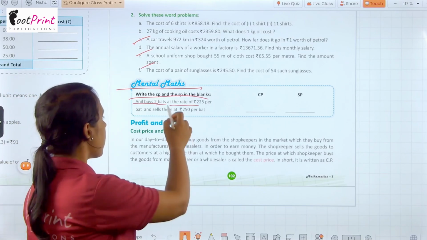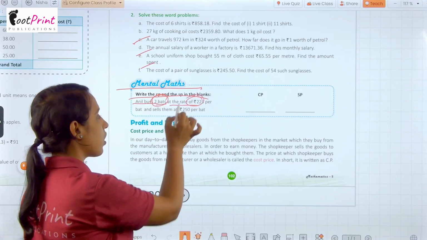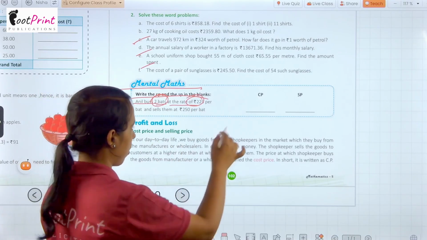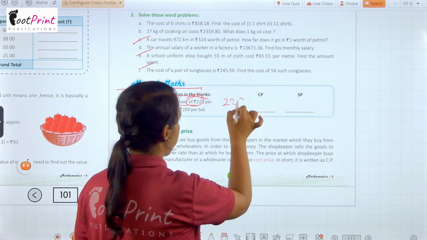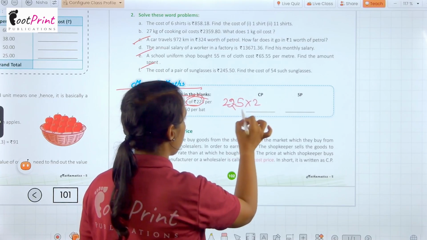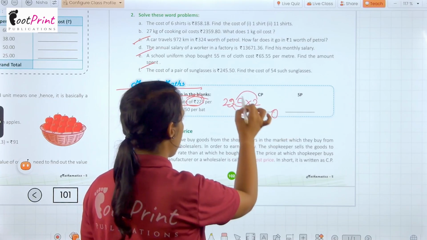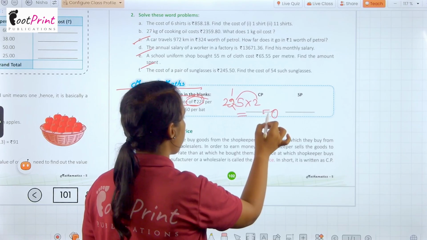अब अनिल ने 2 बैट खरीदे जो कितने का, एक बैट 225 का. सो सीपी विल बी 225 है और 2 बैट्स खरीदे हैं तो इसको मल्टीप्लाई करके निकलेगा 2 5s are 10, 2 2s are 4, 1 5, 2 2s are 4.